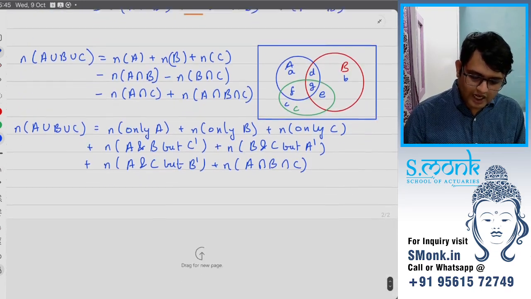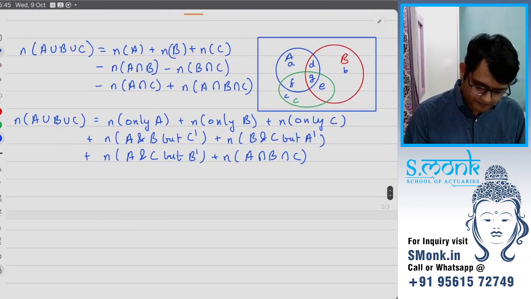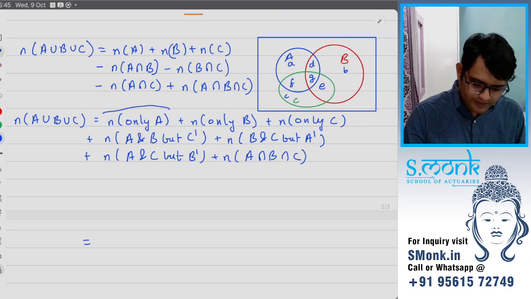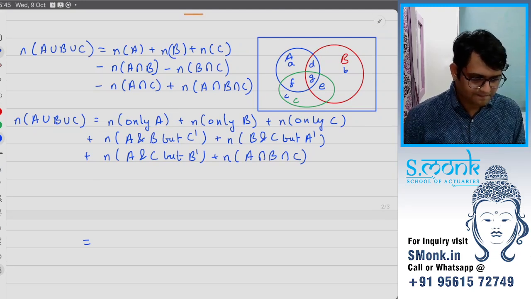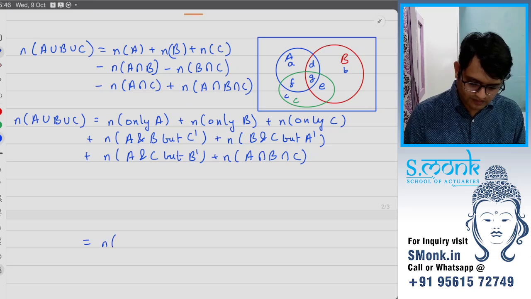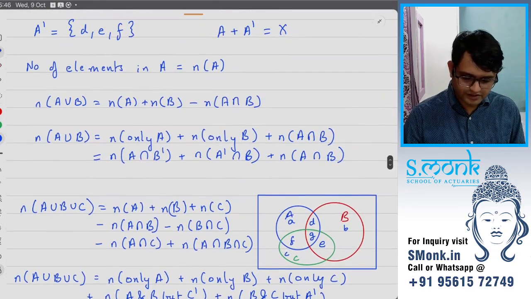Now can you tell me how would we write only A? How would we represent only A in terms of intersections? Anyone? We did that here, right?